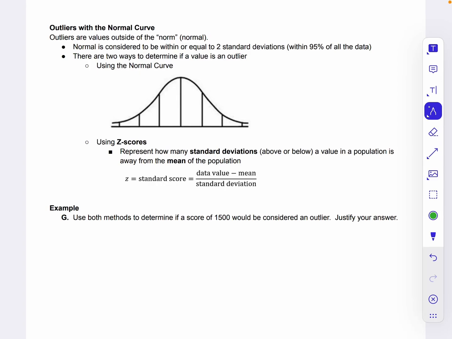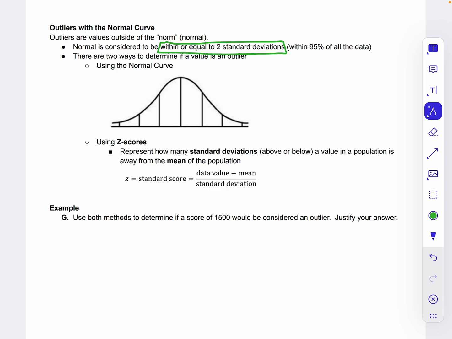When looking at normal curves, there are actually two different ways to determine if a data point is an outlier. Just a quick reminder, outliers are values that fall outside of normal. These would be the exceptions to the rule. When it comes to normal distributions, our general rule of thumb is that anything within 2 standard deviations of the mean is going to be normal.